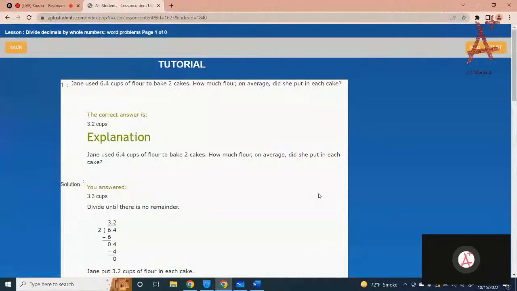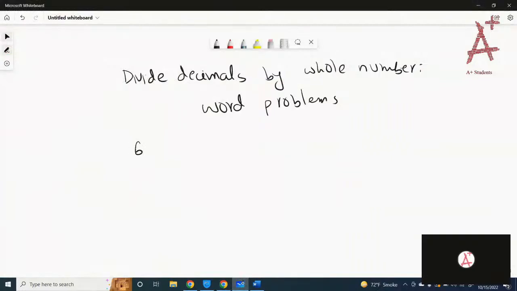Jane used 6.4 cups of flour to bake two cakes. How much flour on average did she put in each cake? So you have to divide 6.4 by 2. You have to count the table of 2 until you get 6 or a number that is less than 6.